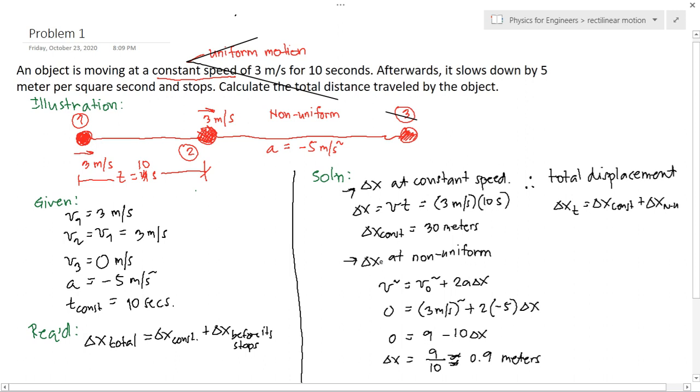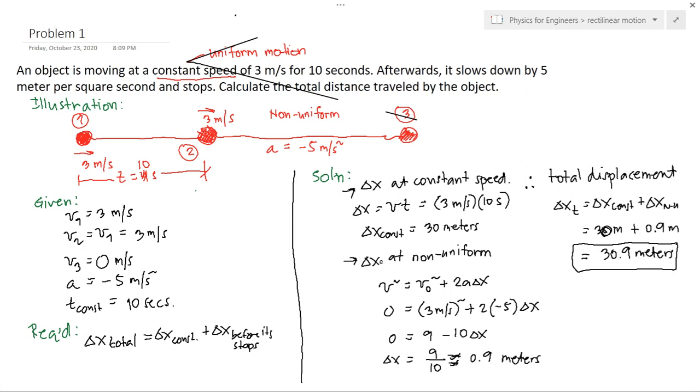So we have 30 meters plus 0.9 meters. So we have 30.9 meters. So ito yung total displacement natin para sa problem na ito. So 30.9 meters lang pala.